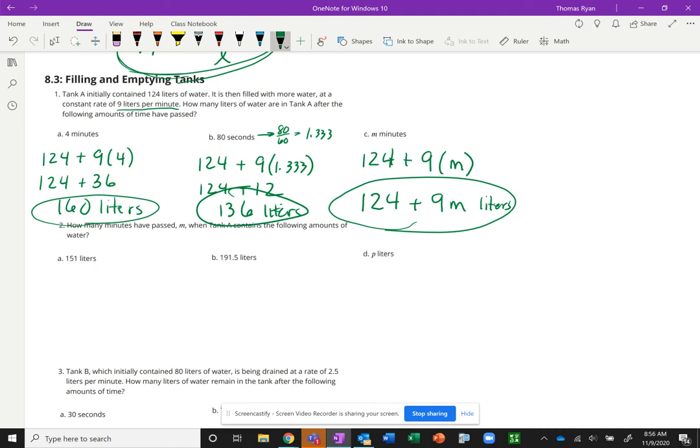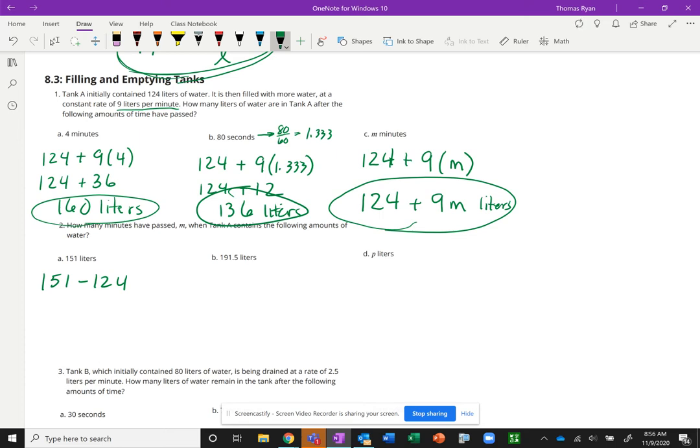Okay, now number 2 says, how many minutes have passed when tank A contains the following amounts? Well, let's think about it. It has 151, but we started with 124. So let's take 151 and subtract out what was sitting in the tank to begin with, because we just want to know how many minutes have passed, and the minutes only depend on how much water is being added.